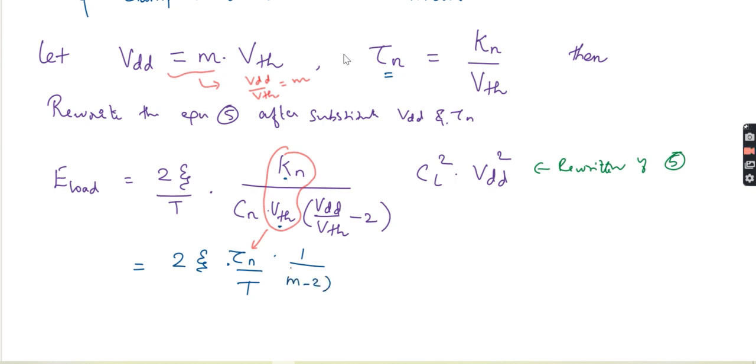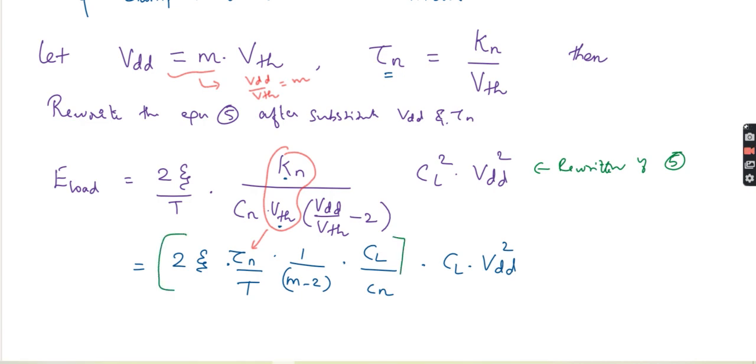So m minus 2, then Cl divided by Cn, because the Cn is bending, right? Cl by Cn. The Cl square will be Cl into Cl into Vdd square. So now you can see this.